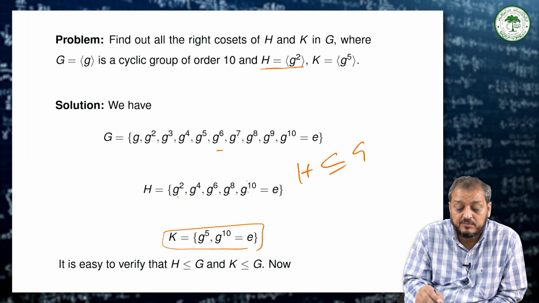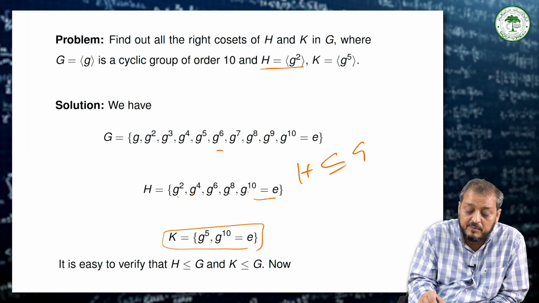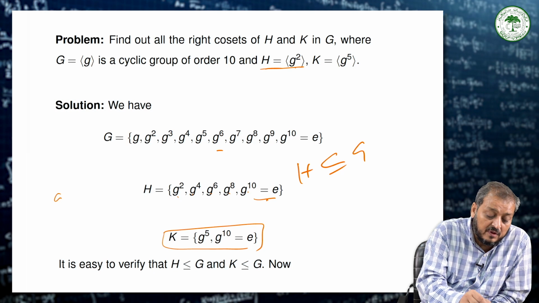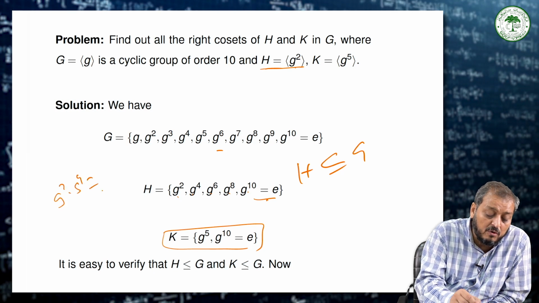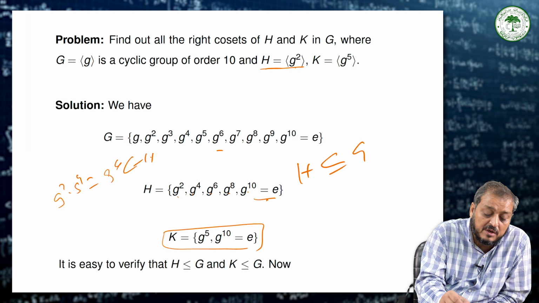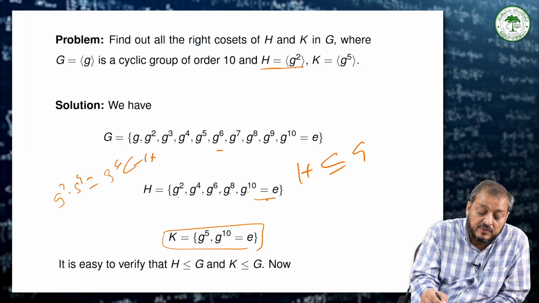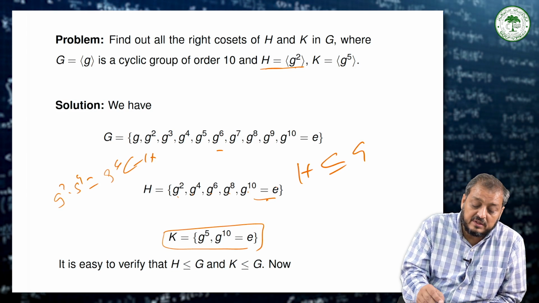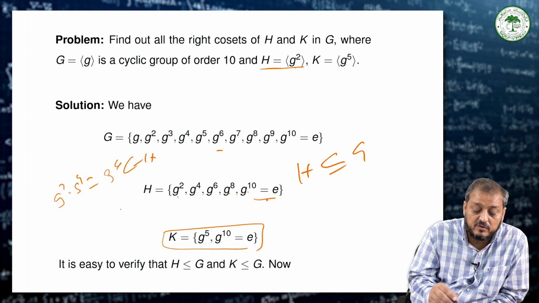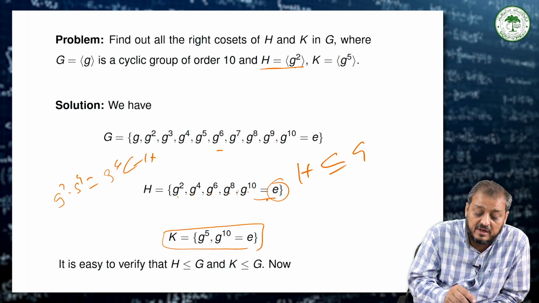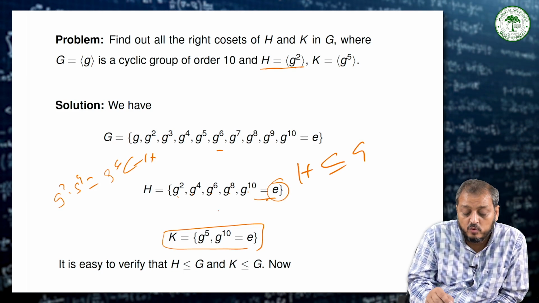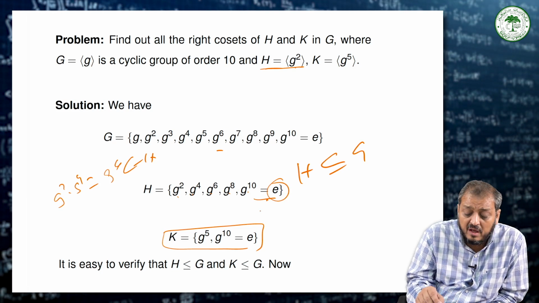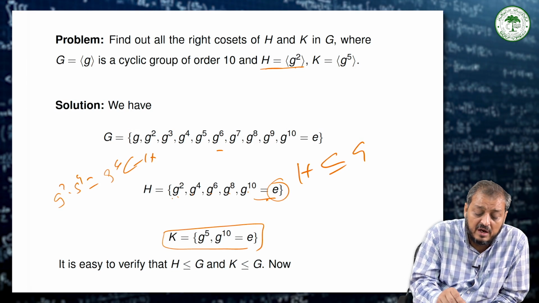H is a subset of G, as clearly the identity element is there. If you take g squared times g to the power 4, it is equal to g to the power 6, also an element of H. And if you take the inverse of elements, you also get the identity element. Now you can take any two elements, and we get the identity element.